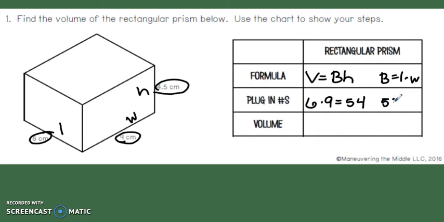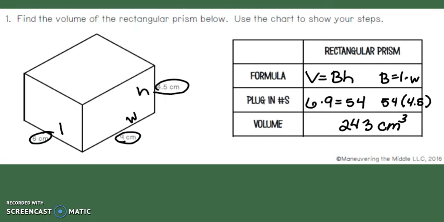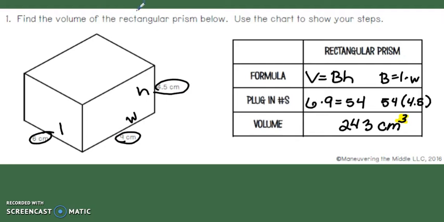And then I will take 54 and multiply it by the height, which is 4.5. Multiply all of that together, and then we label it. Volume gets a label of cubed. We are taking 3 sides of the shape together, therefore we will put the 3 as the exponent for our label.